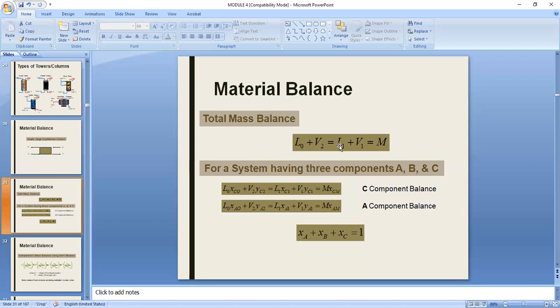So your L and V here will be multiplied by the mole fractions in the liquid and vapor phases, represented by X and Y. If your component balance is based on C, then your subscript will have the C. If it's based on A, your subscript will have the A followed by the number of the plate or stage where this particular phase, where our X and Y is multiplied to, is coming from.